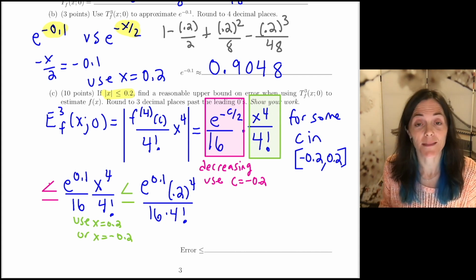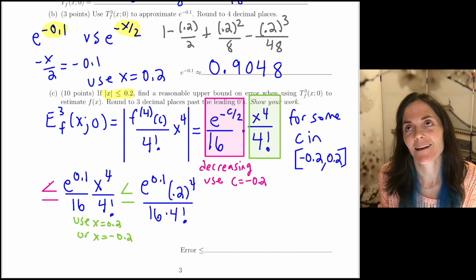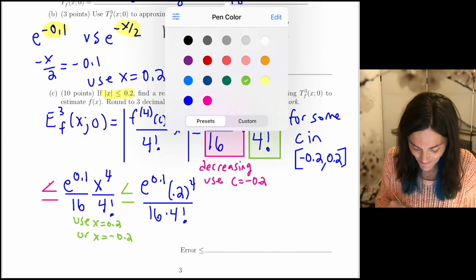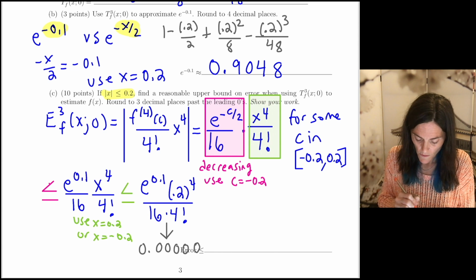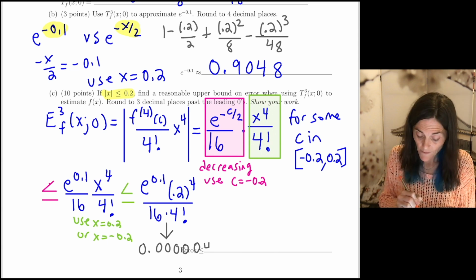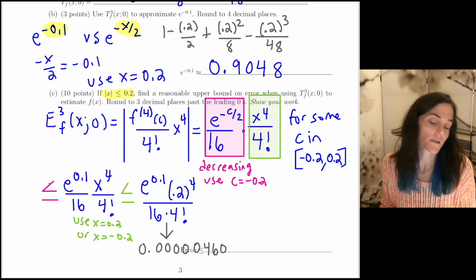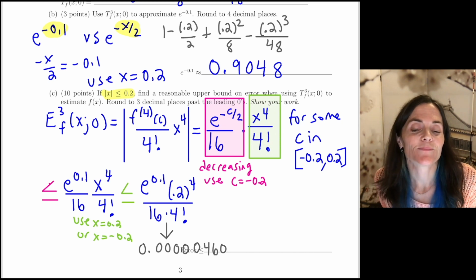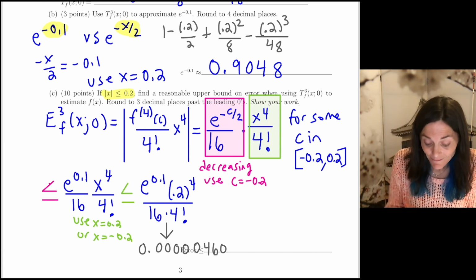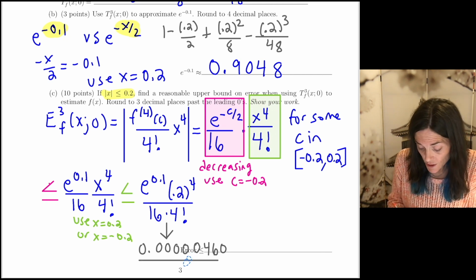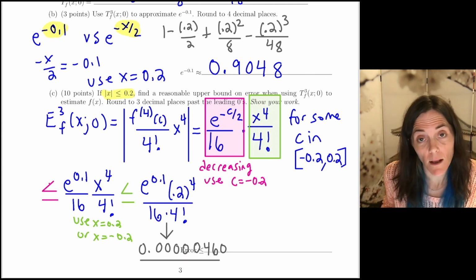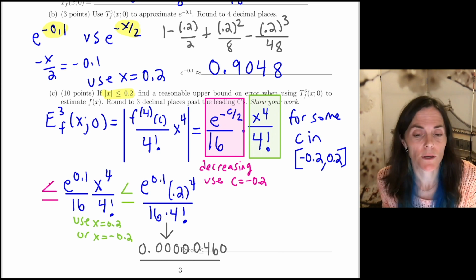I'm going to tell you, and then I'll talk about why that is not the best upper bound to use. We have 5 zeros followed by 460.